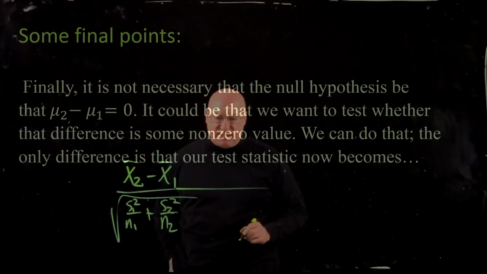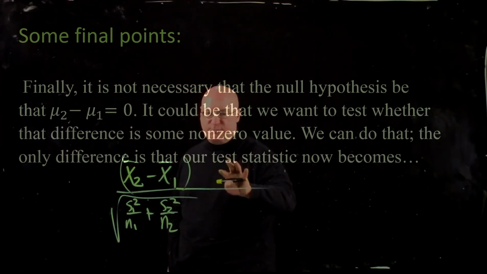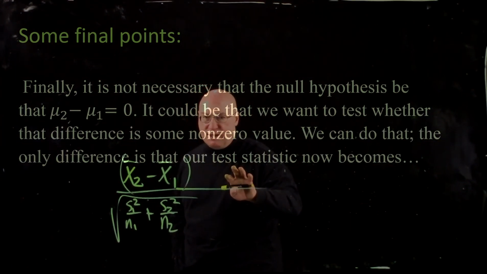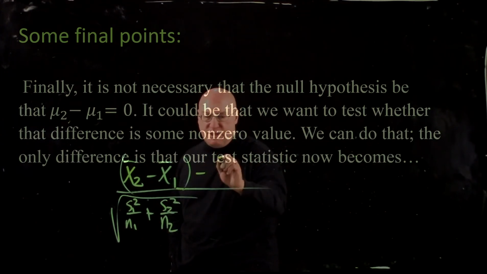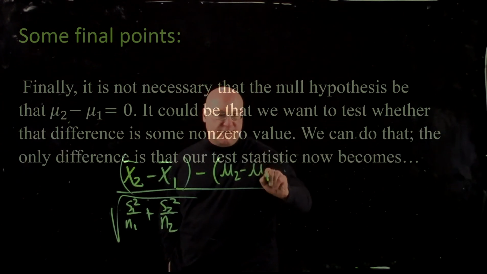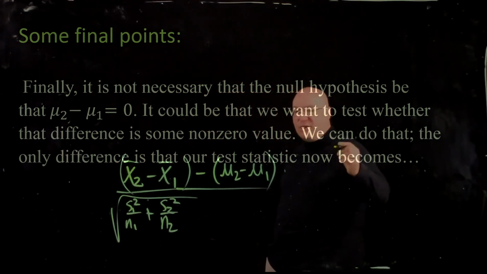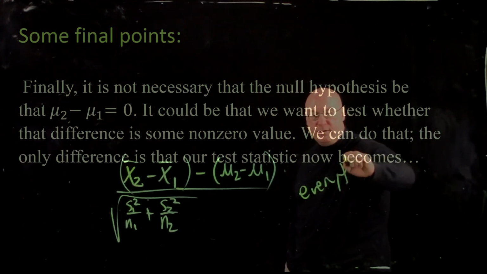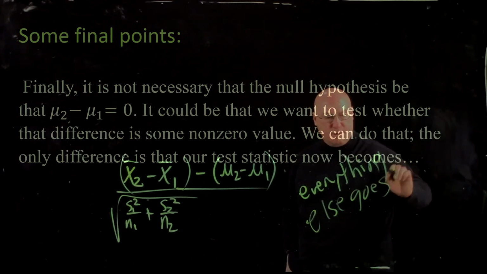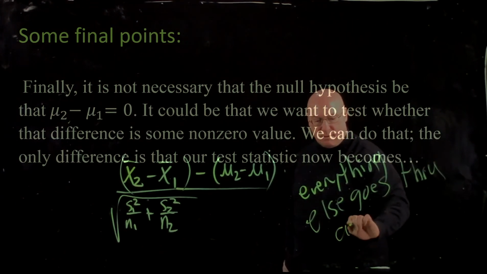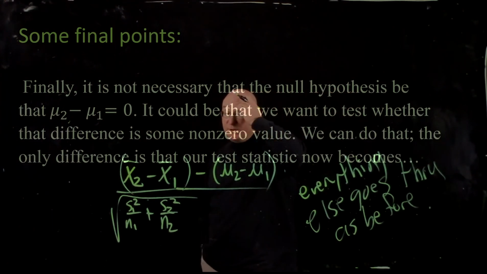But now we have to extend it here and say, before I told you, if we're thinking of that difference as being 0, we're subtracting 0 here, so we don't have to write anything. But if we're thinking it might be non-zero, then we've got to subtract away whatever we're saying that difference is. Everything else goes through as before.